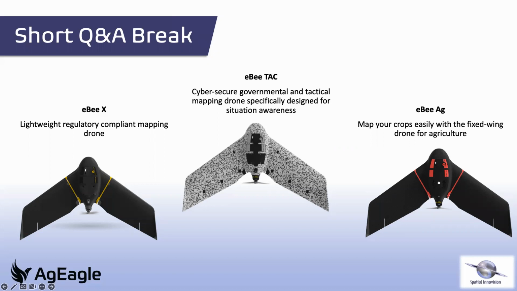So depending on what application you use the drone for, you would use that specific camera. If you're using it for agriculture, you would use an agriculture camera. If you're using it for surveying and mapping, you would use a photogrammetry camera. And if you're using it for 3D, you can use a 3D sensor camera.